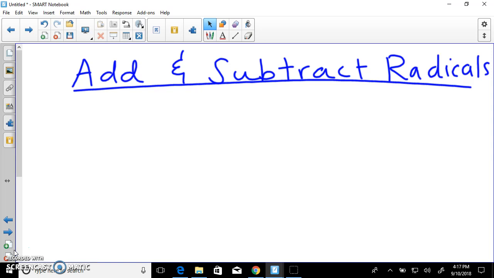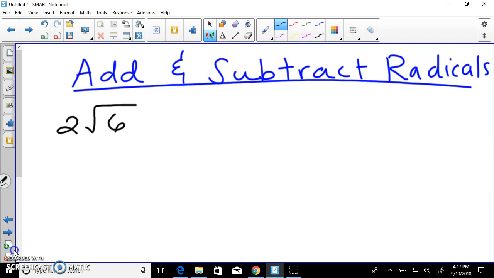So when we were multiplying radicals, we followed a very different process than what we're going to follow now. So let's say, for example, I have 2 square root 6 plus 2 square root 24. Okay?